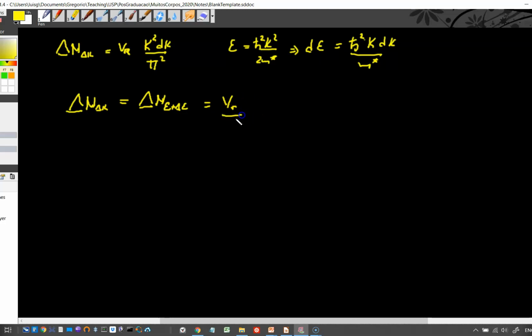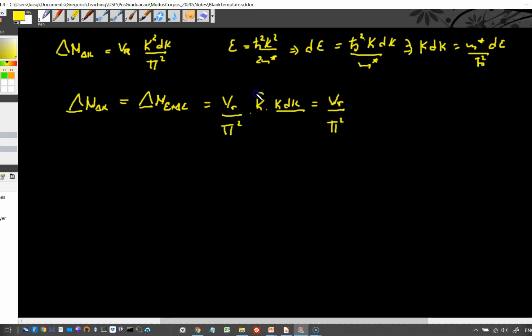So I know that this is V, then there's a pi squared here, and now there's a k squared dk, so k times this k dk. Now let's invert things here. So this is V over pi squared, and k dk is actually m star dE over h bar squared.